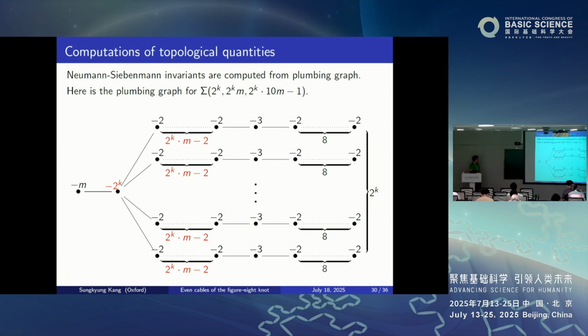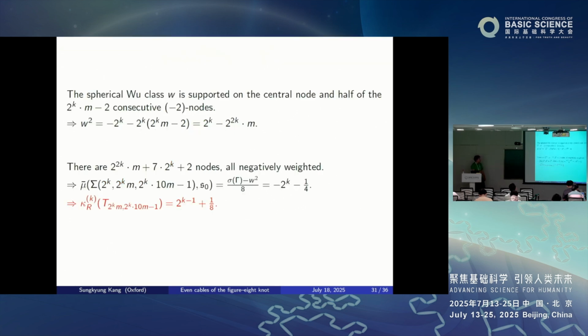Okay. In order to compute the Neumann-Siebenmann invariant from a plumbing graph, you need two things. One thing is the signature. The other thing is the square of the spherical Wu class. So the spherical Wu class is supported on this node and exactly half of these nodes, which gives you that the Wu square is exactly this, 2^k minus 4^k times n.